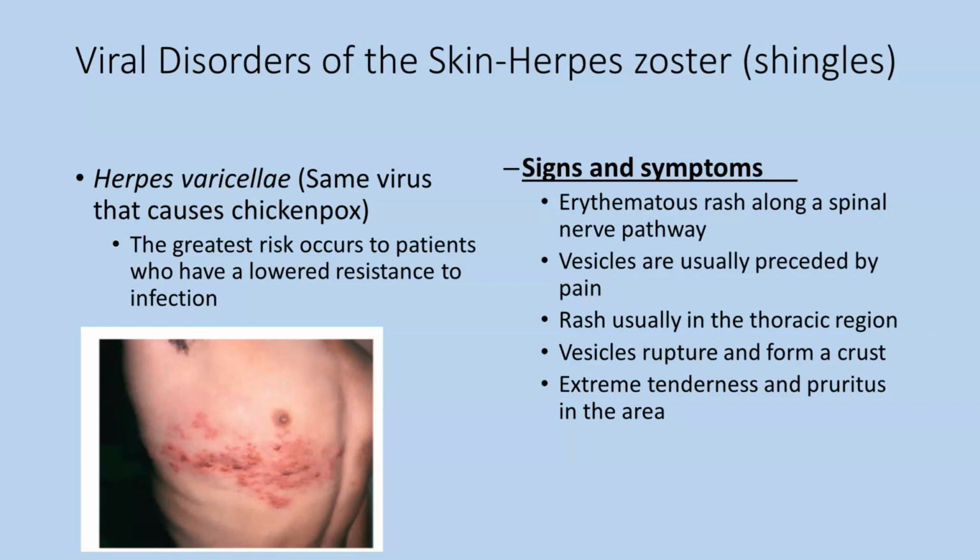You're going to have this redness, this rash along your spinal nerve pathways. That's what makes it so painful. You can have vesicles, and just a lot of pain and a lot of patient teaching. You're still going to use antiviral medications and still teach them about washing their hands and preventing the spread of infection.